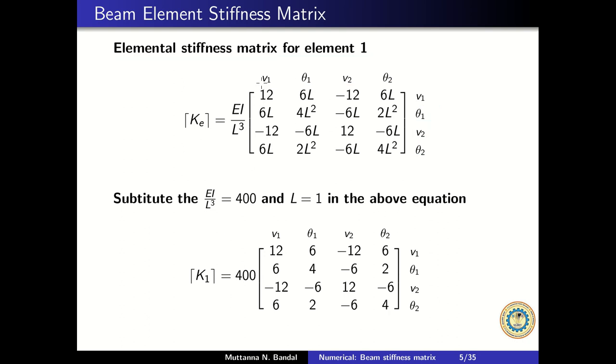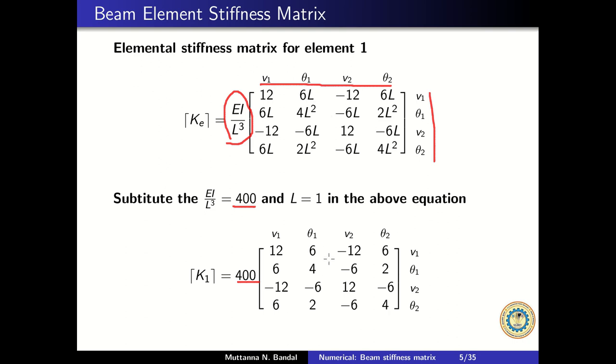The idea is we have to number the rows and columns as per their degrees of freedom. Once that is done, E into I by L cube is given as 400. I will substitute here, and since L is equal to 1 meter, wherever L is there you substitute it as 1.